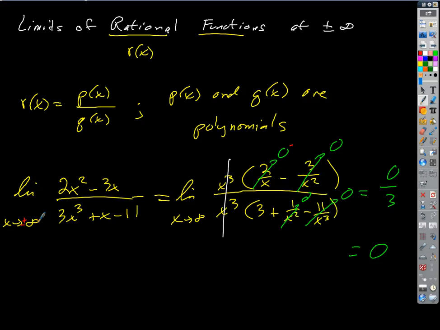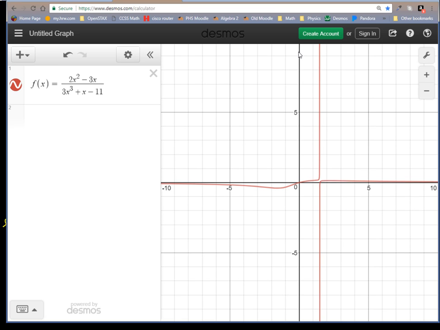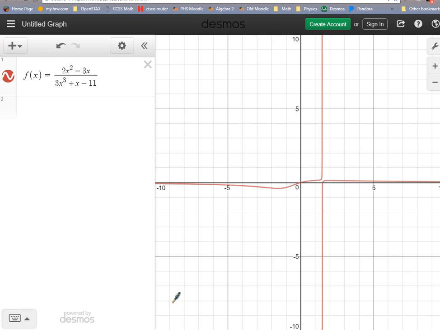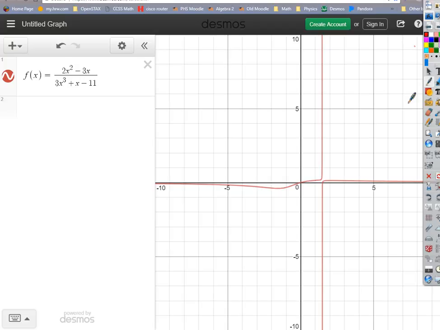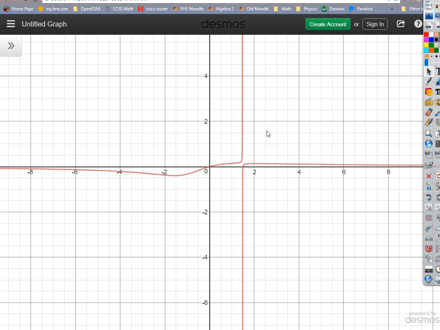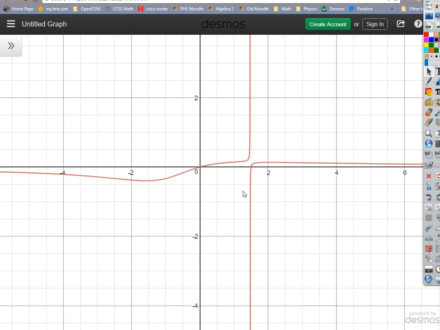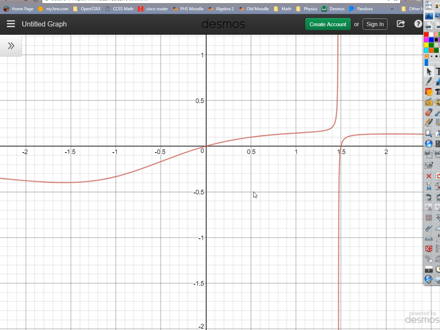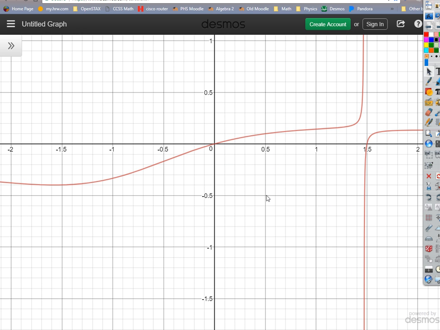Let's look really quick, I guess one thing that might be helpful. Let's look at a graph of this. So here is a graph of that function that we just graphed. Right, there it is. So as I zoom in, it looks pretty bizarre, right?